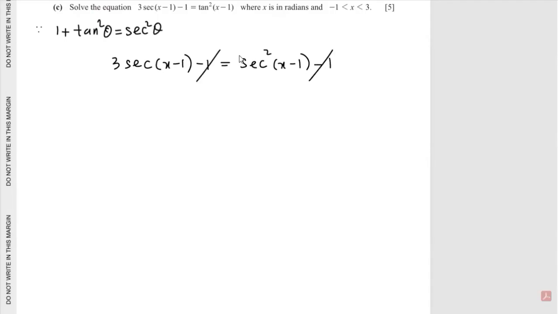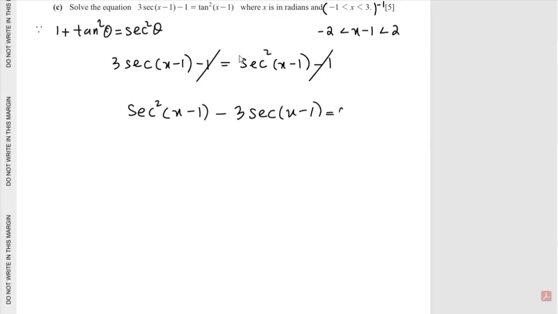Another thing which is important, again, change your domain. Subtract 1. So negative 2 ≤ x minus 1 ≤ 2. When you change your domain accordingly, you don't miss out on any of the crucial angles. So this is going to be secant squared x minus 1. I can either suppose something for secant as well, but this is okay.